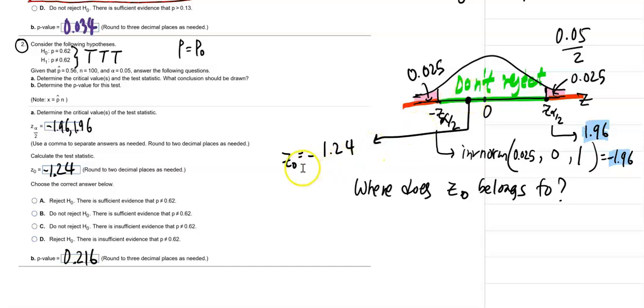The test statistic does not belong to the rejection region. It belongs to the do not reject region. It does not belong to the rejection region.